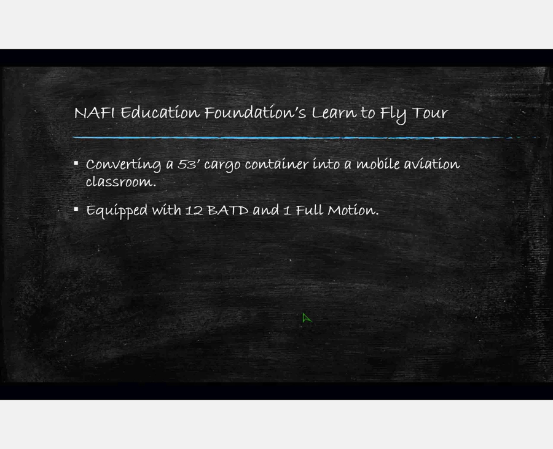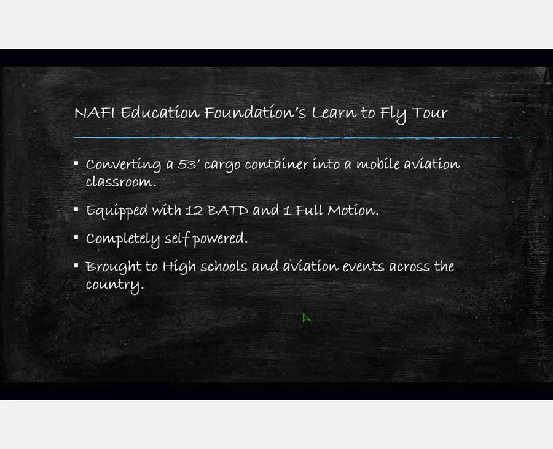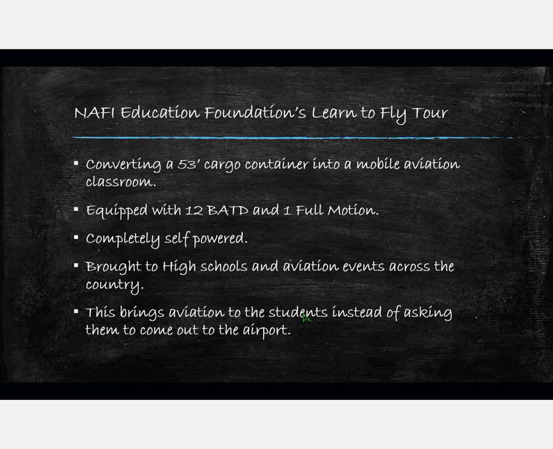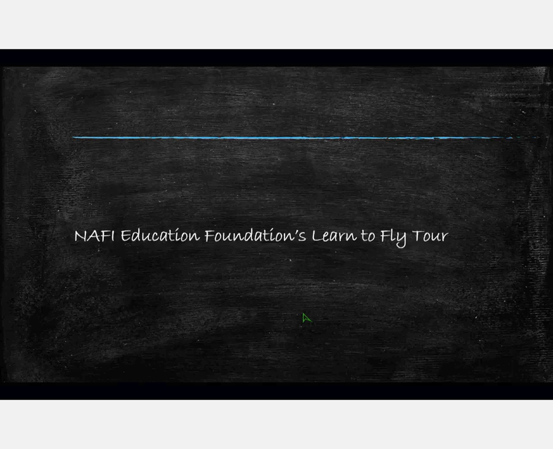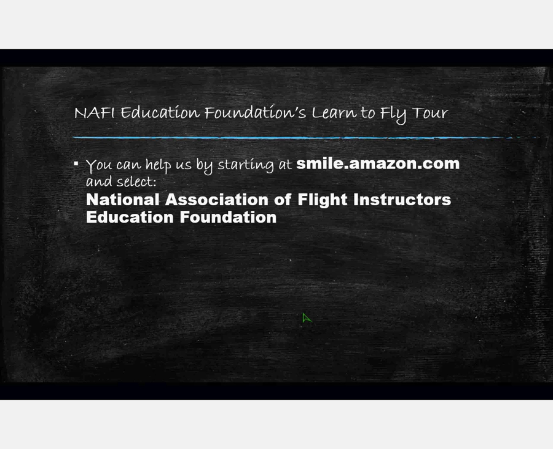It's equipped with 12 basic aviation training devices and a full motion device, completely self-powered, and it's going to be brought to high schools and aviation events across the country. That's the key there. It's going to be brought to the high schools, okay? This brings aviation to the students instead of asking them to come out to the airports, all right? It really makes it easy for them to experience aviation.